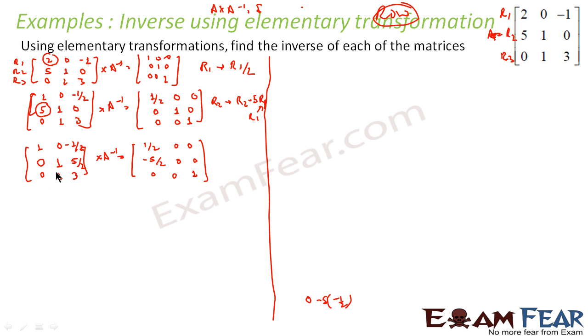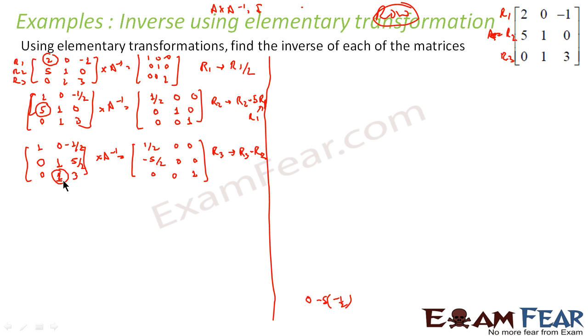Now my next target is this element. This one is 1 now and this one should be 0. How to make it 0? Even if I subtract with the first row, it won't make a difference because it's 0 there. I have to subtract with row 2 only. So I can say that R3 is nothing but R3 minus R2.